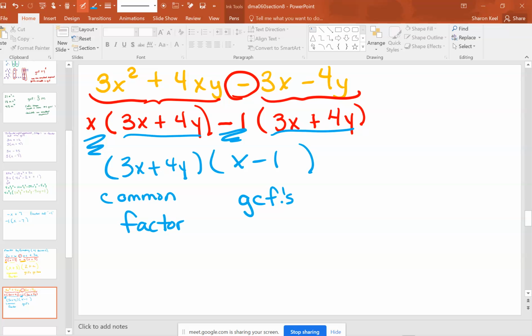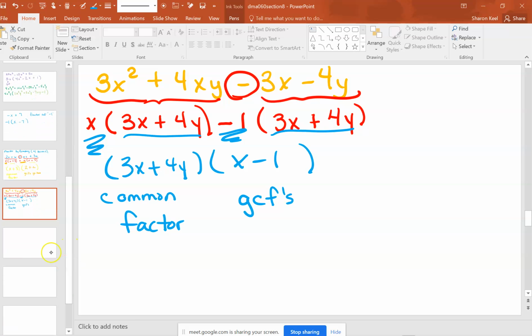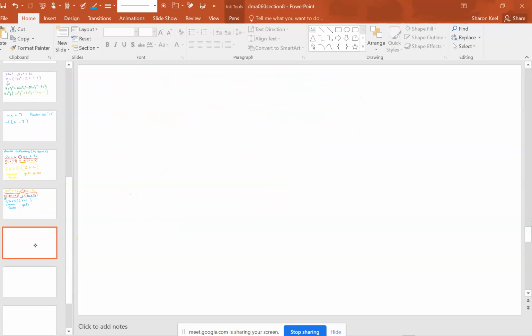Okay, let me give you one more, and this one's going to have even one more step to it. For this one, we have 4x to the 4 plus 4x cubed minus 20x squared minus 20x. So if I want to factor this, the first thing I'm going to do, always see is their greatest common factor.